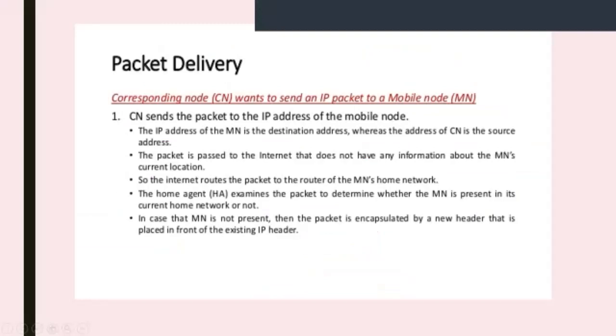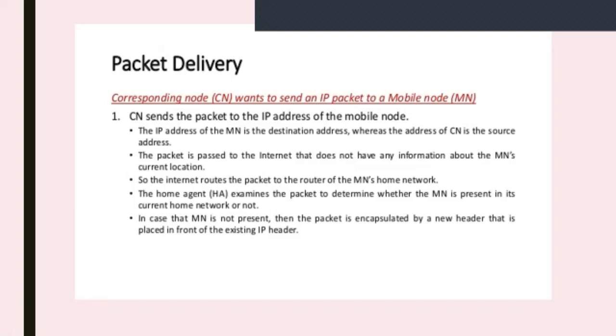Here you can see the points for packet delivery from a corresponding node to a mobile node. The CN sends the packet to the IP address of the mobile node. The IP address of the mobile node is the destination address, whereas the address of the CN is the source address.